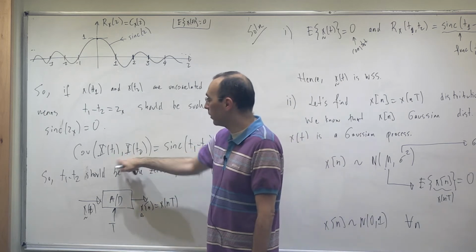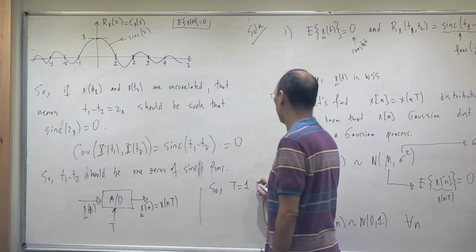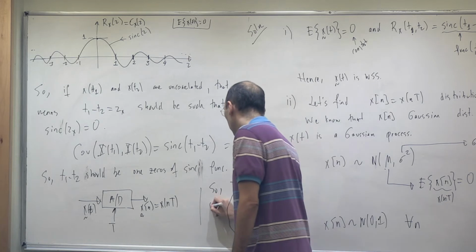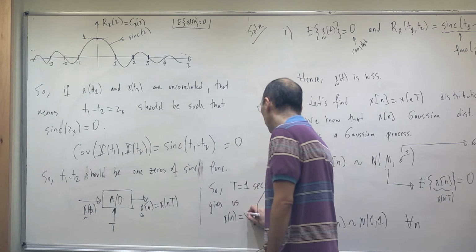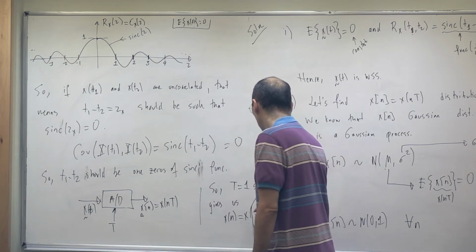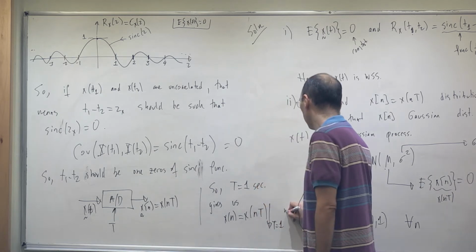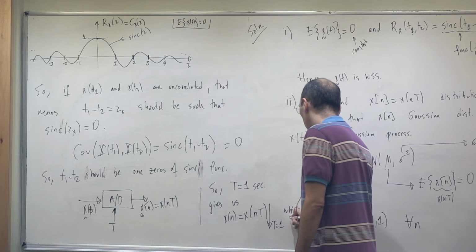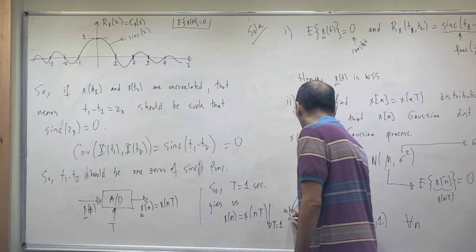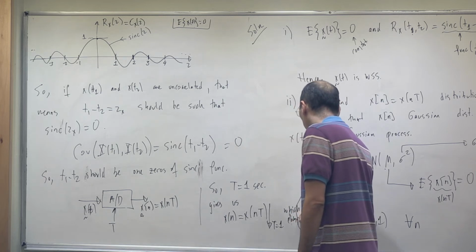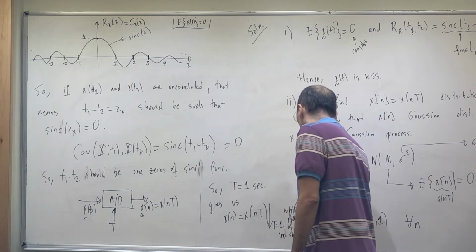So let's see, T equal to 1 second gives us x of n equal to x of nT, with T equal to 1, which is composed of independent samples.